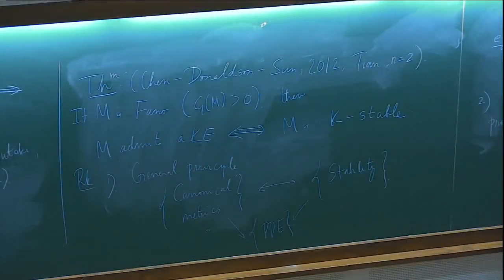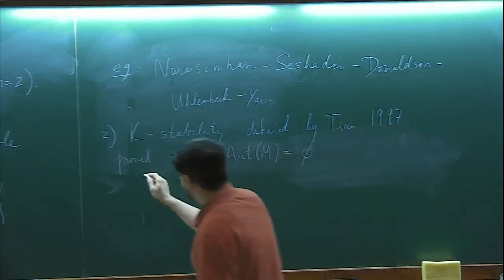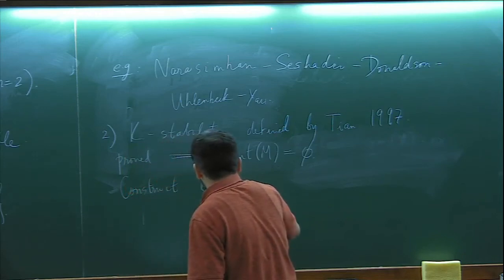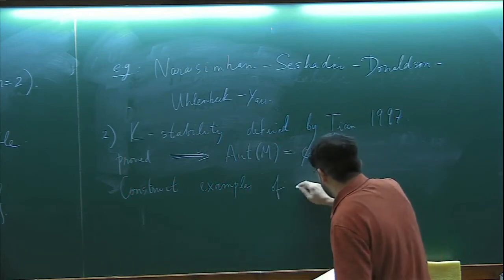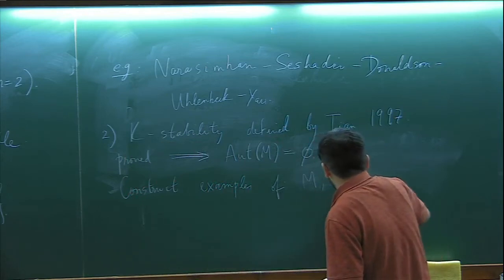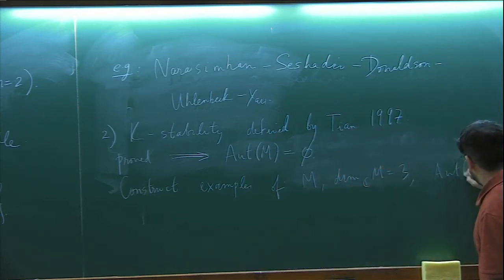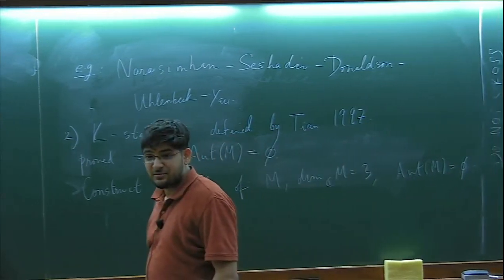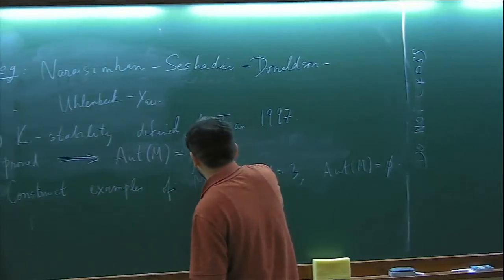So he proved this implication when the automorphism group was trivial, and in fact this helped him construct examples of M's with dimension of M being 3 such that the automorphism group of M is trivial.